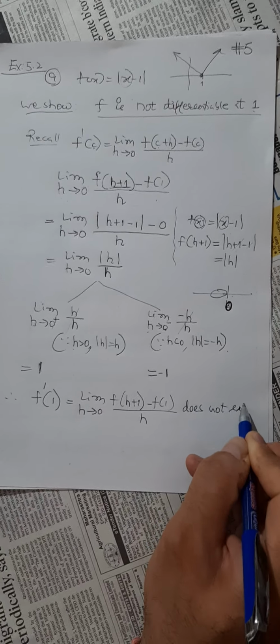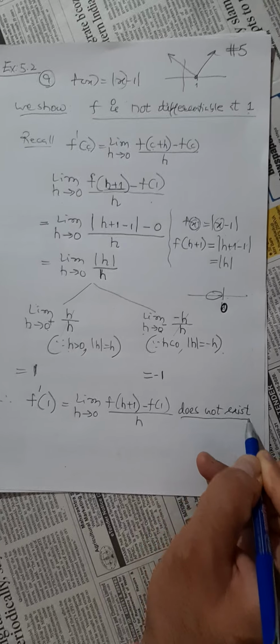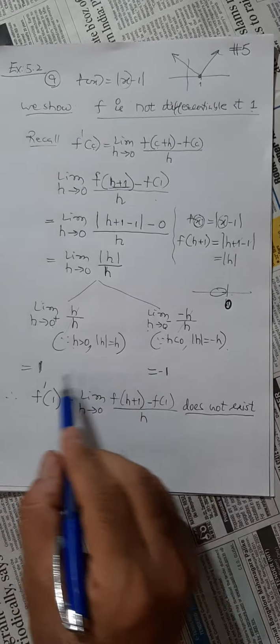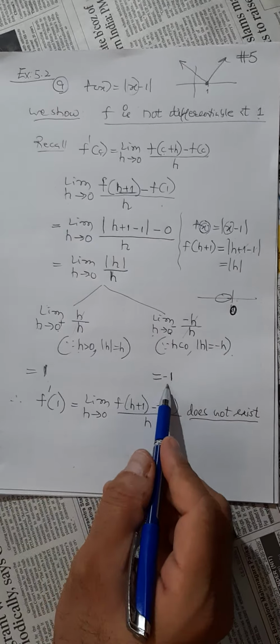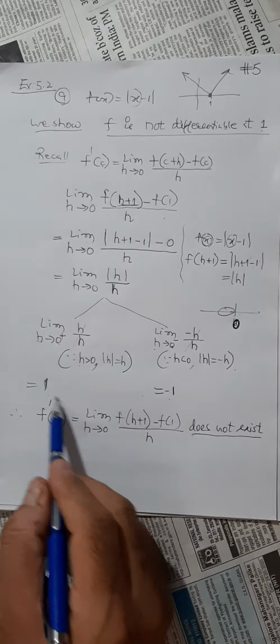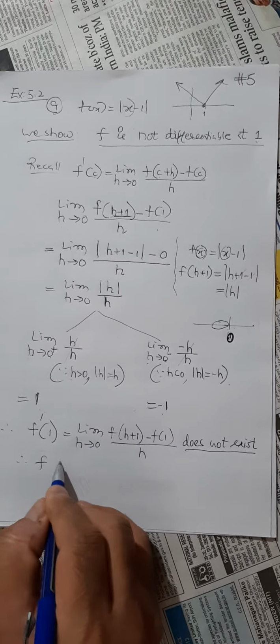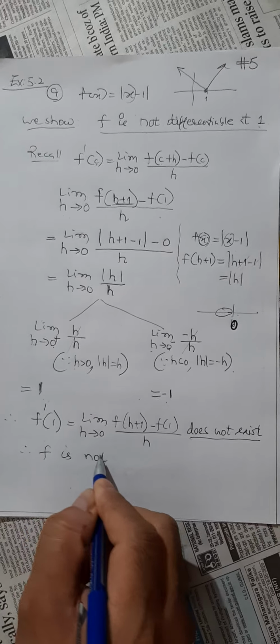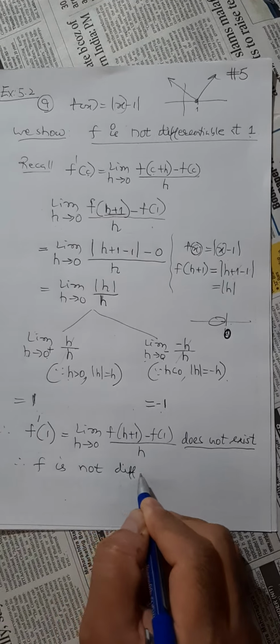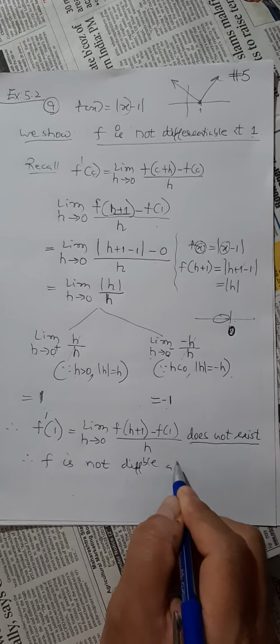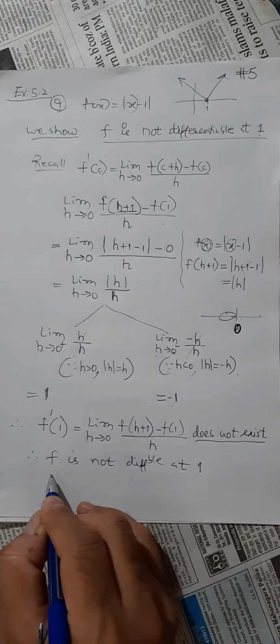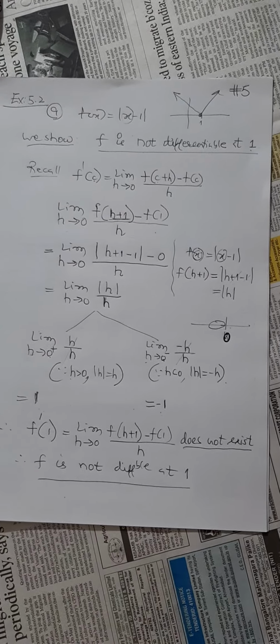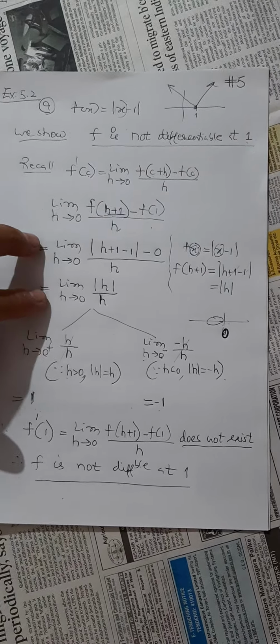This limit doesn't exist because the limits from left and right are different. And limit doesn't exist means derivative doesn't exist, and therefore f is not differentiable at 1. This is the proof. Solution. Very important example, can be asked for 3 marks. It's just a question about limits from 11th standard, remember.